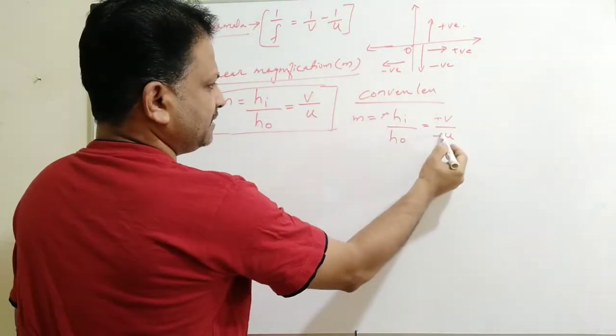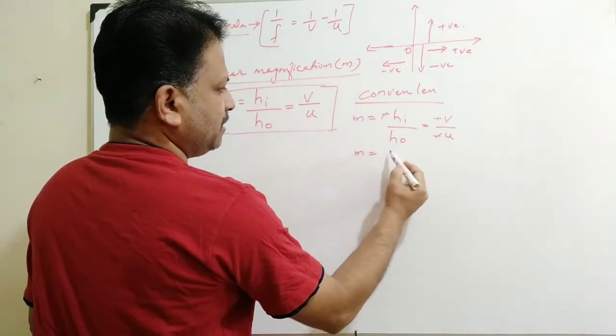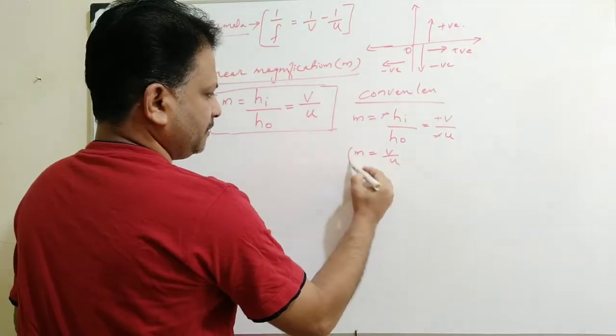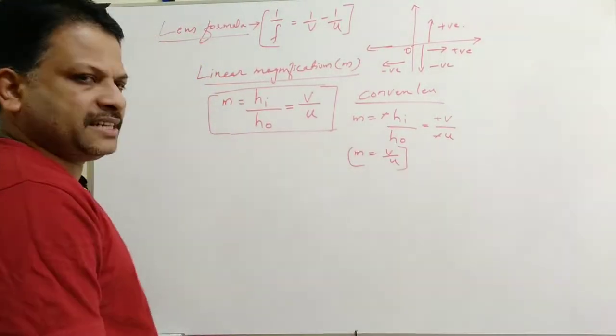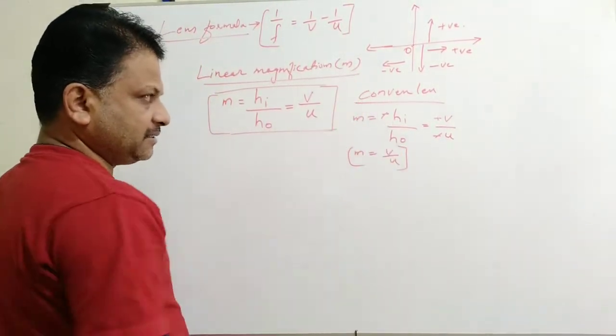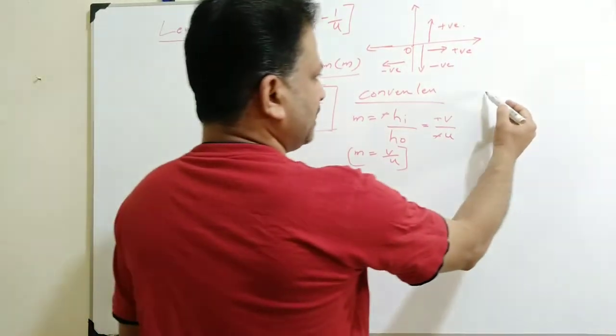So the minus signs cancel, and we get m is equal to v upon u for a convex lens. Is it clear? We are just applying the sign convention. Then what about a concave lens?